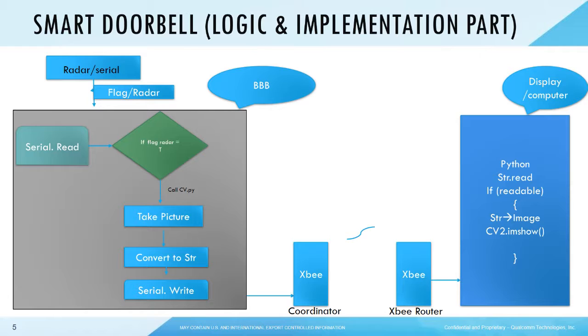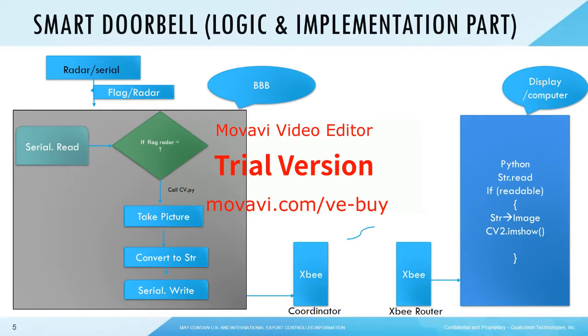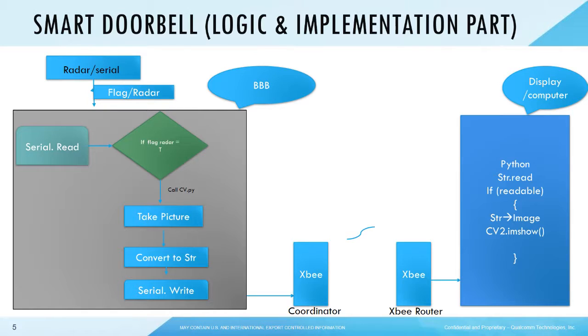The camera takes the picture, saves it locally as a file, and then converts it to a string, then sends the string over a serial port to a ZigBee radio. On the left we have the coordinator, and on the right the router.